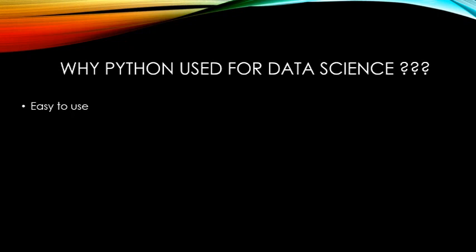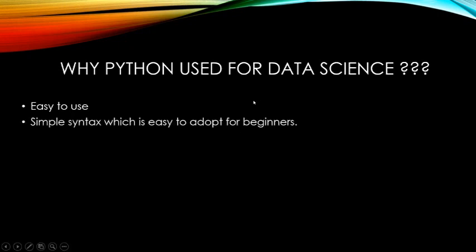They can learn it very fast. Second, simple syntax, which is easy for beginners to adopt. As I told you, if you want to add two numbers, there's a syntax called sum. If you want to count a few words, there is a syntax called count. Any beginner can understand and learn. Third, suited for quick prototyping.